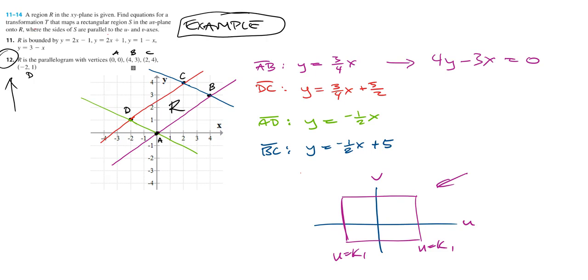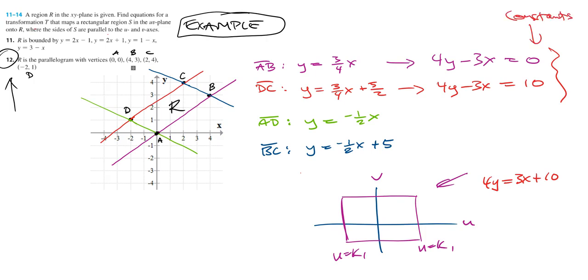If I look at the next line, 4y equals 3x plus 10, and I get 4y minus 3x equals 10. You see how the left side is y's and x's, and the right side is 0 and 10. These are constants.